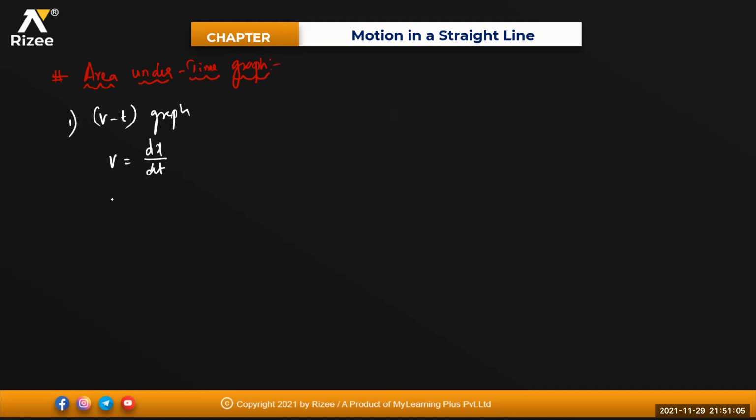So V into dt will be equal to dx. Therefore, integral of dx will be equal to integral of V into dt. So area under the V-t graph will give me what? Displacement.